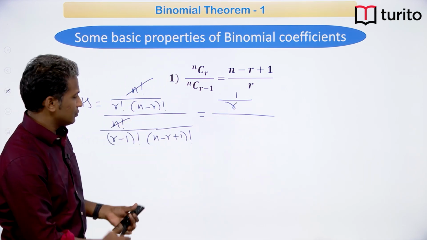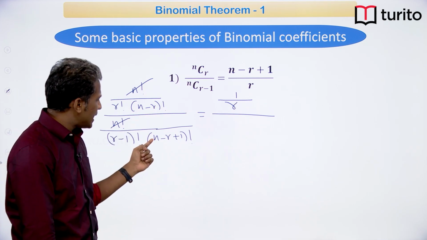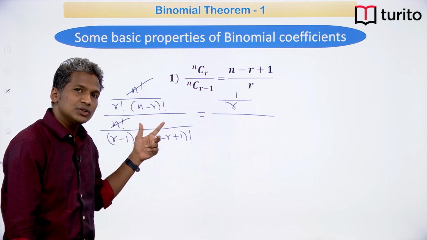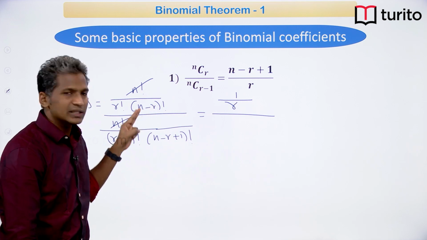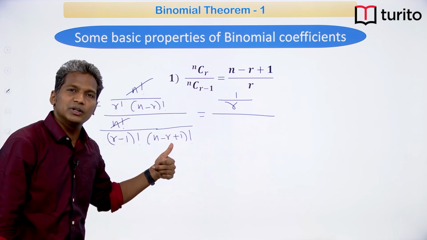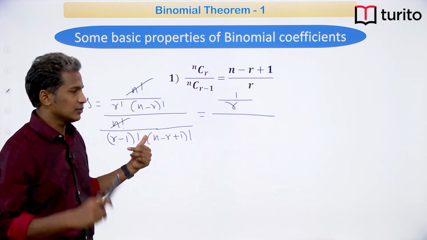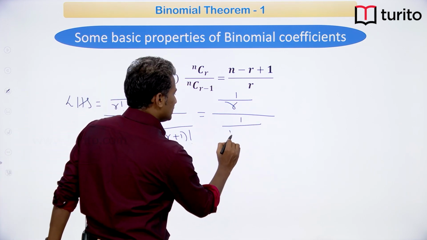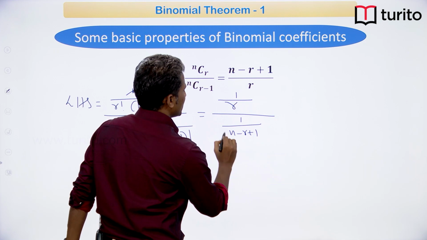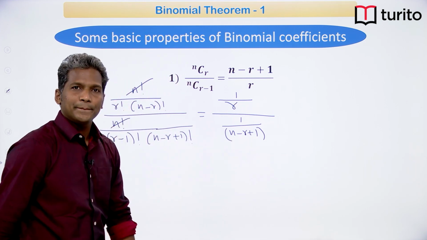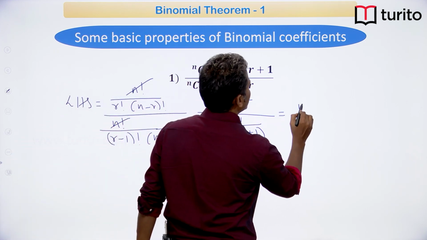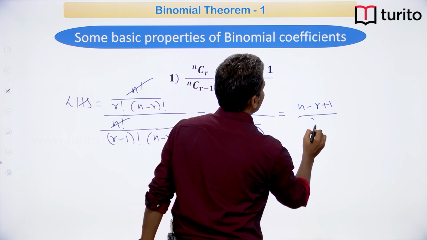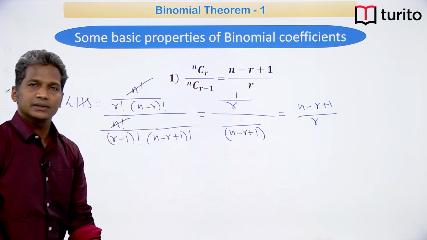Similarly, out of these two, (n minus r) and (n minus r plus 1), which is smaller? n minus r is smaller. So the smaller one always gets cancelled when it comes to factorials. So we will get, in the denominator of the denominator, n minus r plus 1. Now when we simplify this, we are going to get this term, which is nothing but the RHS.